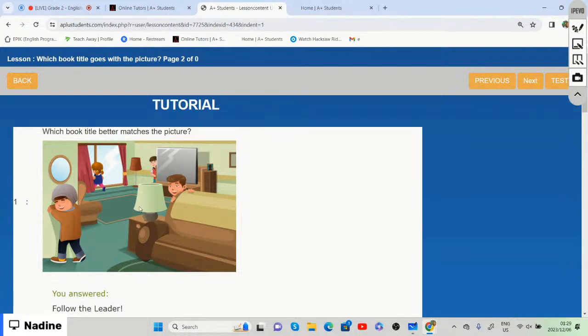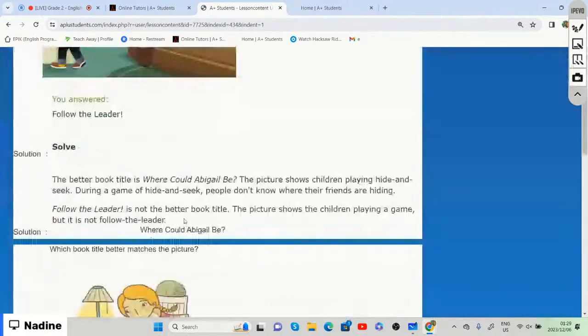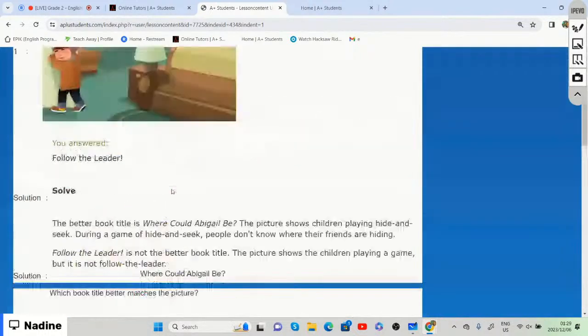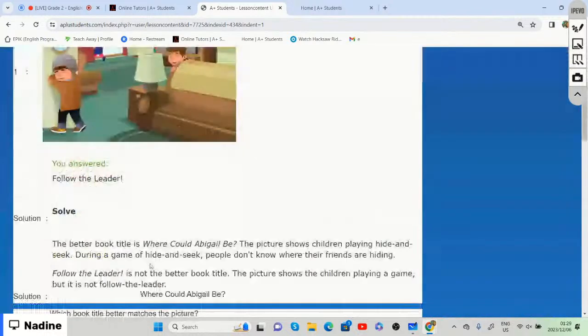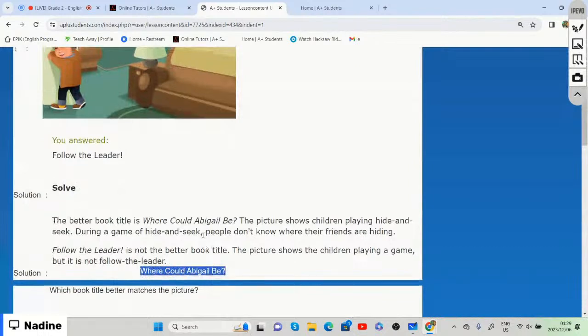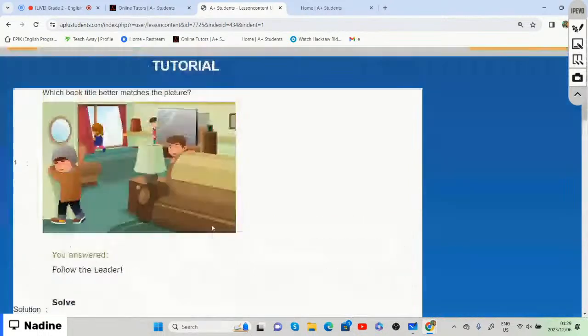By the looks of it, it looks like they are playing, I think, hide and seek in the house. So yeah, they're saying that the title could be Where Could Abigail Be? Right? Which means that it is still hide and seek, but we are specifically looking for Abigail, right?